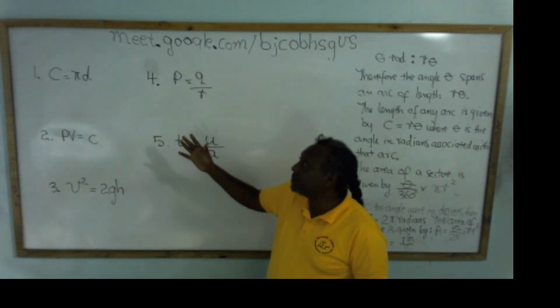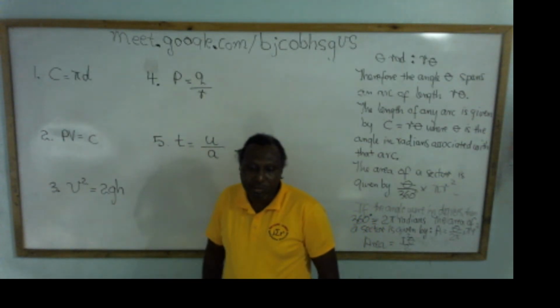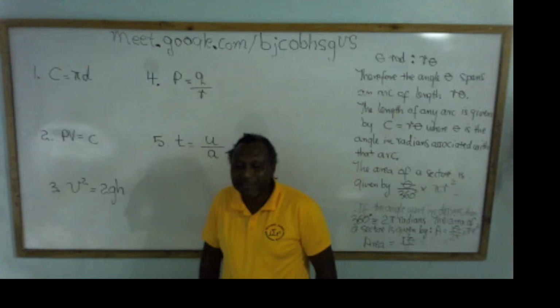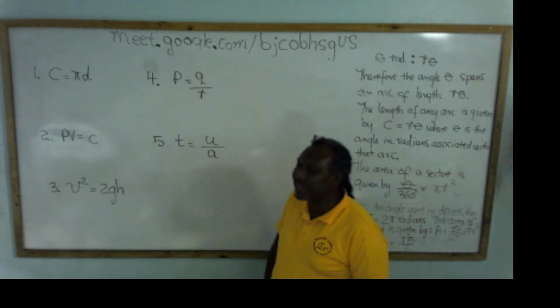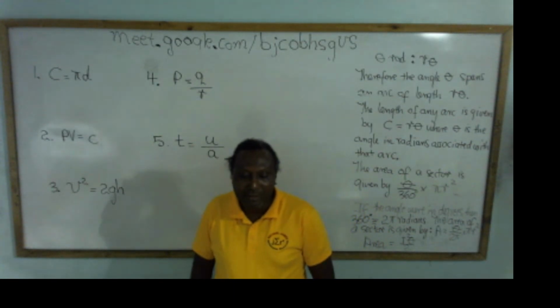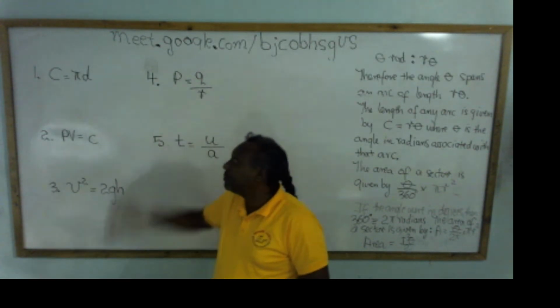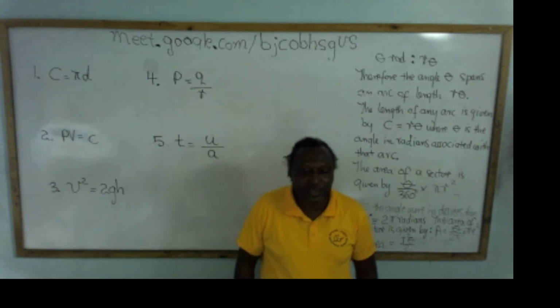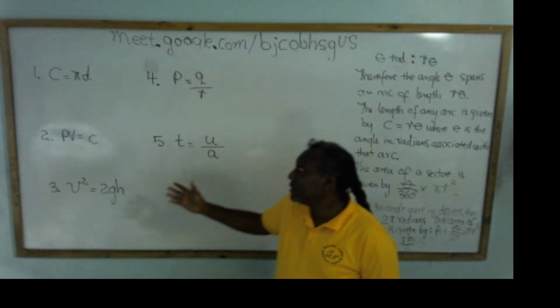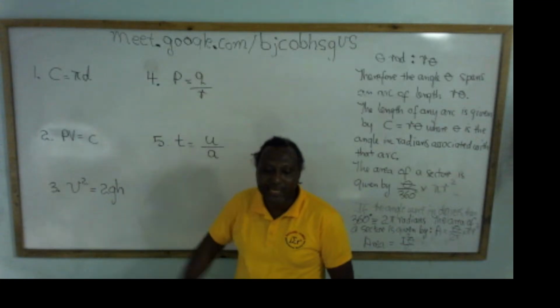You might want to estimate the value of pi, and so you use a string to determine the circumference of the circle. You know the diameter of the circle, and then you divide. And then you do that quite a few times. Then maybe you would want to draw a graph, and then the gradient would be pi. So that would be good for an experimental purpose. But in terms of finding a value, you would not naturally make pi the subject of the formula. It's only in an experiment that you would do that.